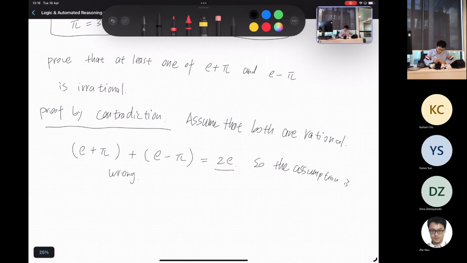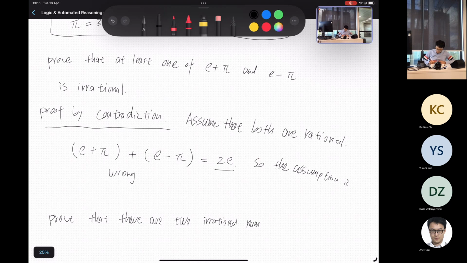Prove that there are two irrational numbers x and y such that x to the power of y is rational.